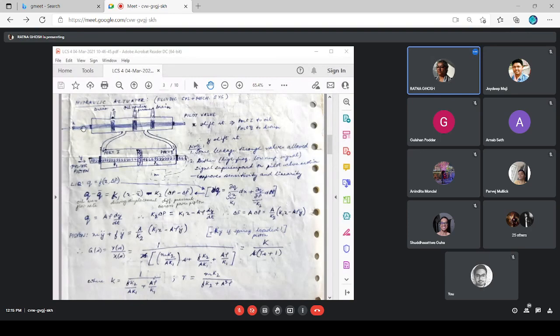But that would be moving this pilot valve in this oily fluid environment from a static condition. So that would require much larger energy, and also some initial time and some lag would come in the response. Typical RC kind of characteristics would come in. Can you appreciate that?